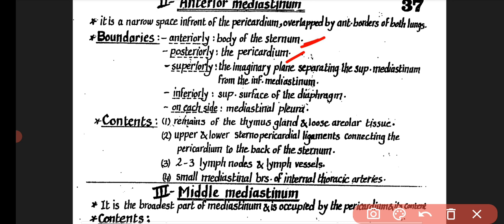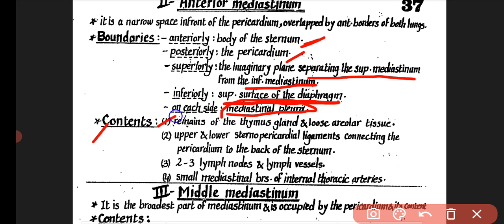Superiorly is the imaginary plane separating the superior mediastinum from the inferior mediastinum, and inferiorly is the superior surface of the diaphragm. On each side is the mediastinal pleura.